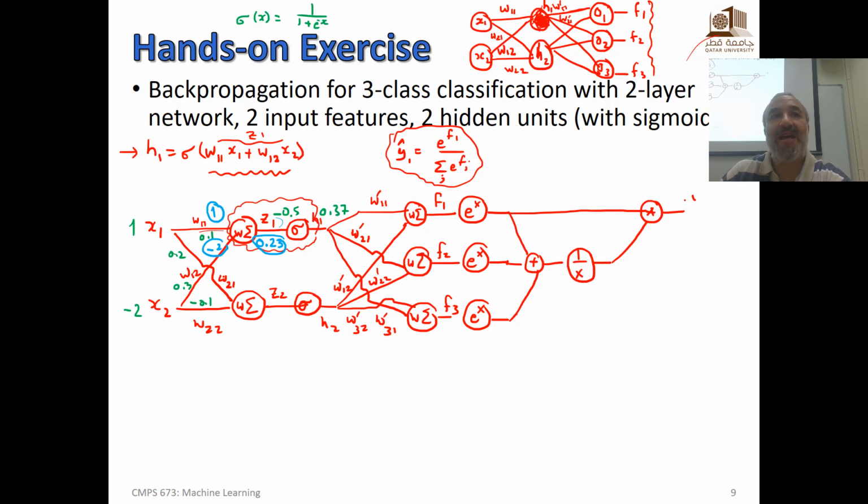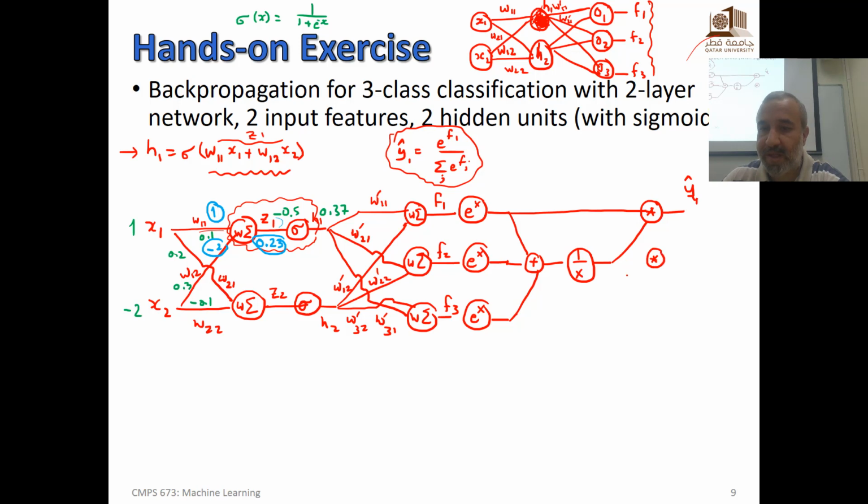This is the probabilities. This is the softmax values. These are the probabilities, right? y1 hat. Okay, y1 hat. Right. How about the second one?